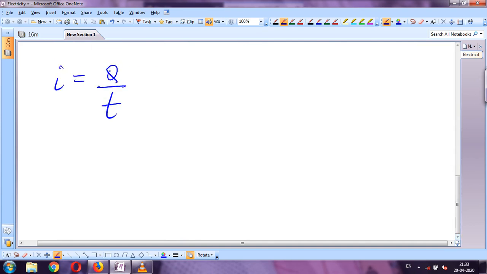Now how can I define this electric current? Whenever it is given like this, you make the denominator 1.